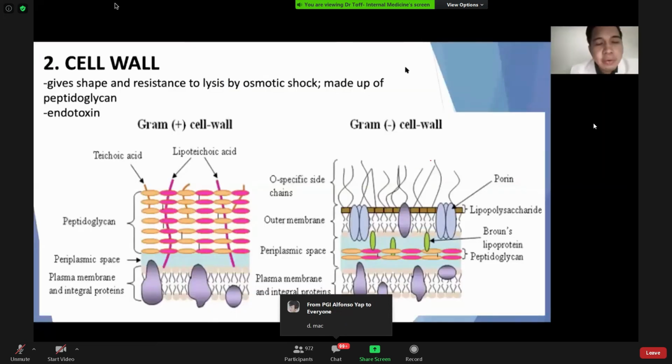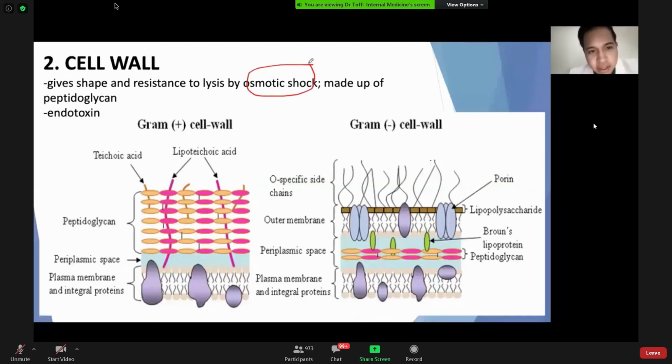All right. So now we go to the cell wall of the bacteria. The presence of the cell wall gives shape and resistance to lysis by osmotic shock. And the cell wall is made up of a protein backbone, which is a peptidoglycan layer. Actually, it's a protein carbohydrate complex.